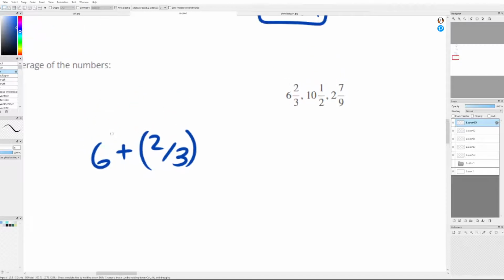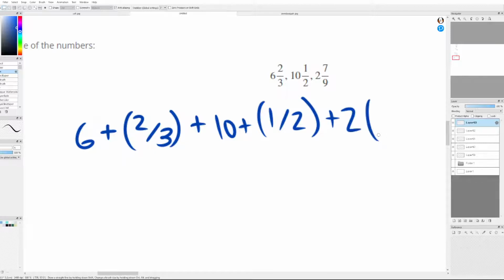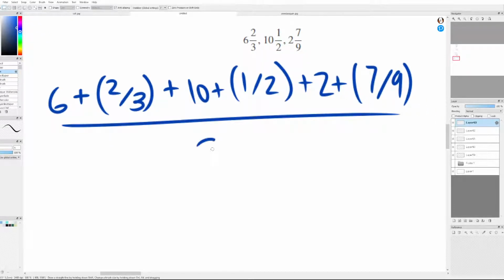Because that's really what it is, right? 6 and 2/3. We know that "and" is equal to plus, and then 2/3, it can be written like that. And then you do plus 10 plus 1 divided by 2 plus 2 plus 7 divided by 9. And then once you have all of these, divide by 3, because there are 3 numbers.